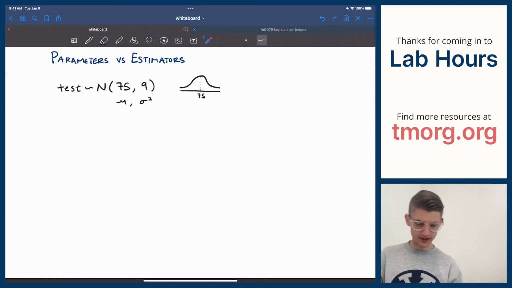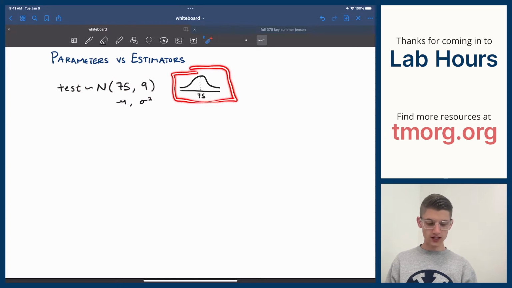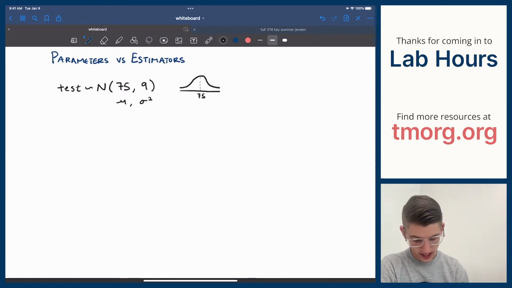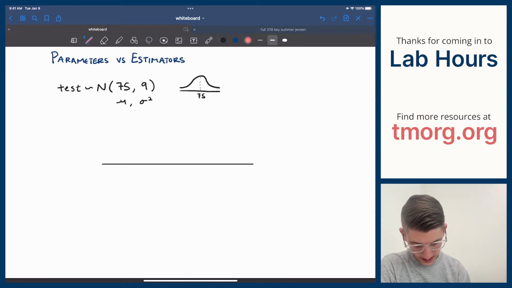Let's explain why for a second, okay? If we know that test scores are distributed this way beforehand, we know what the distribution looks like. But what if we don't actually know what it looks like? What if instead of seeing this nice curve that I've drawn for you, let me draw a line really quick. What if instead we just see this?